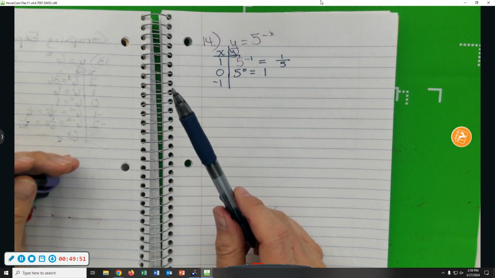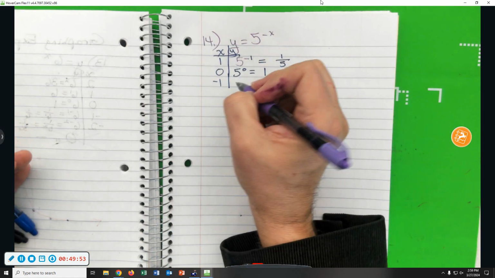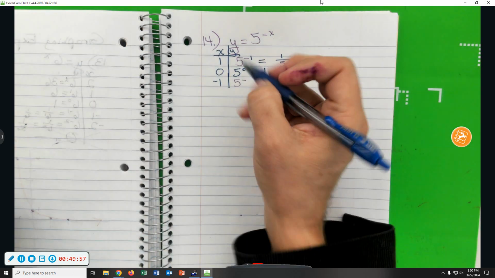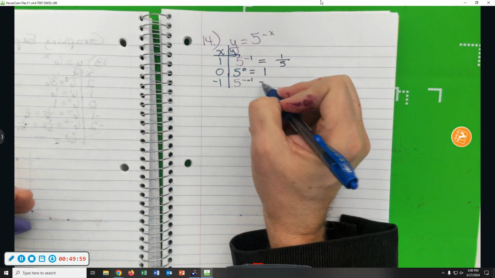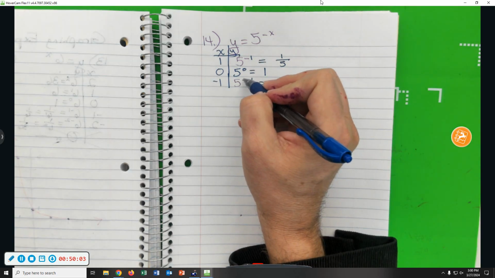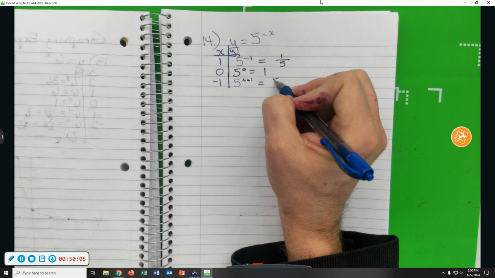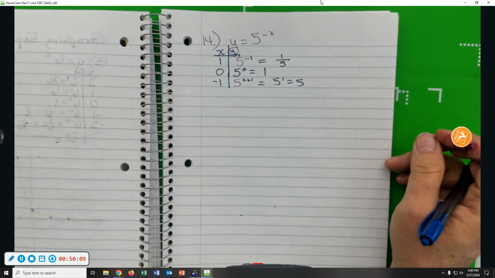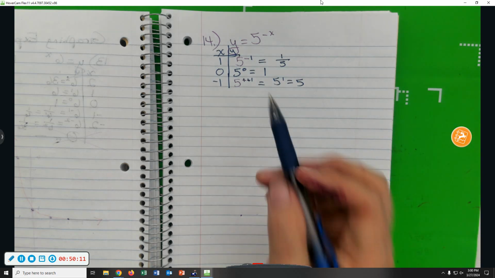Watch out. You're going to have 5 to the negative, and now you're plugging in a -1. That double negative becomes 5 to the +1, which is a +5. Wait, why is there 2 negatives?